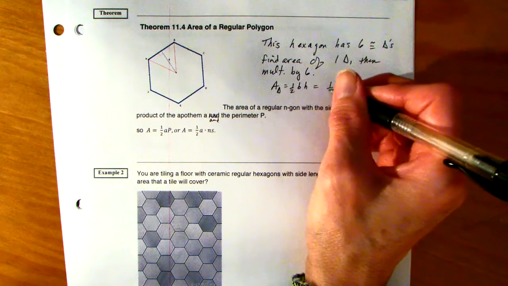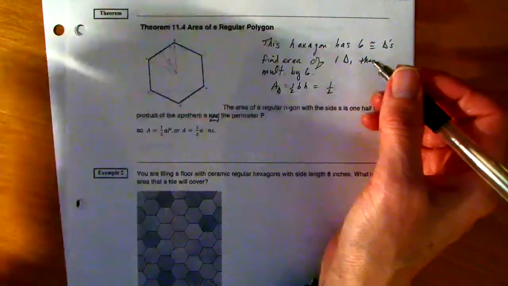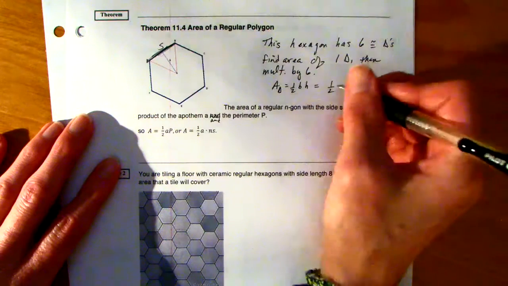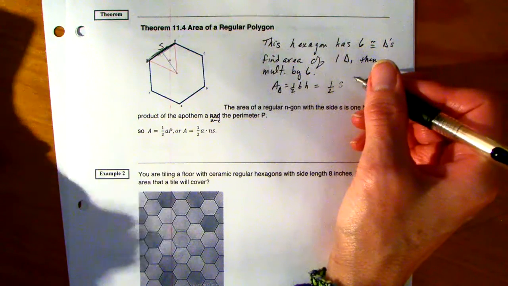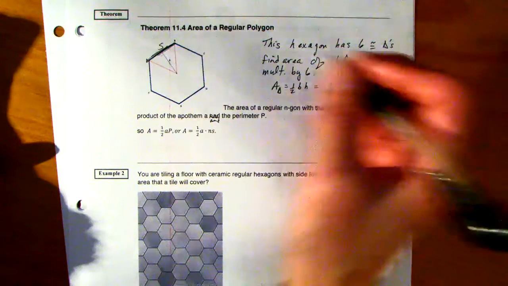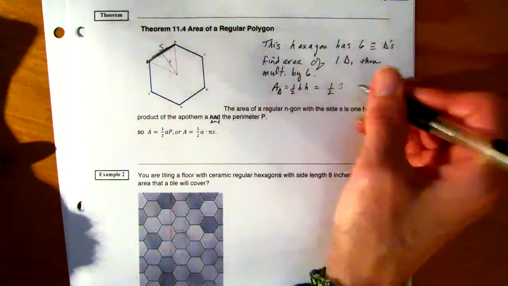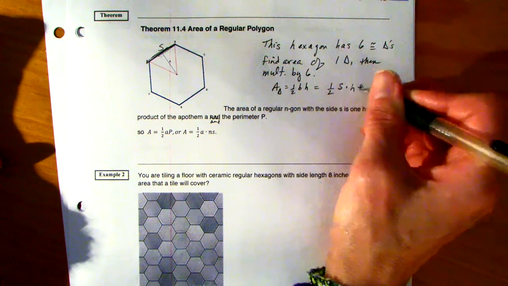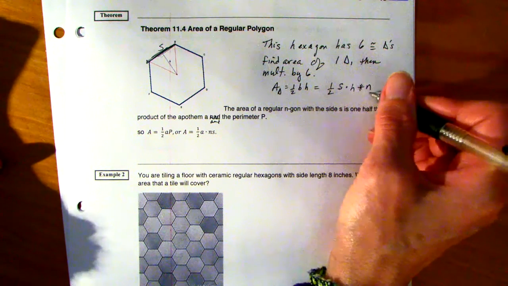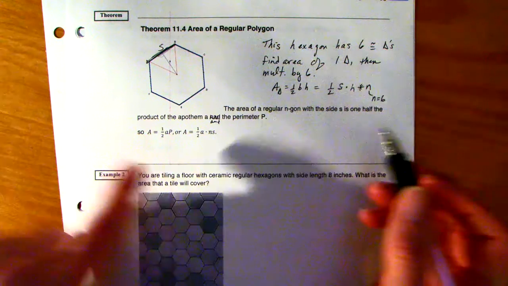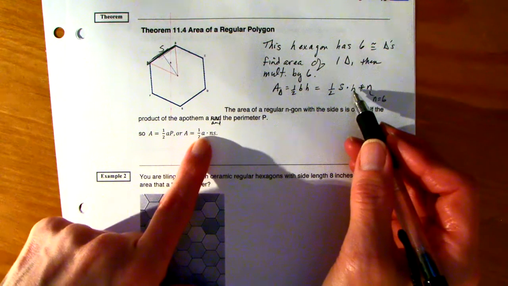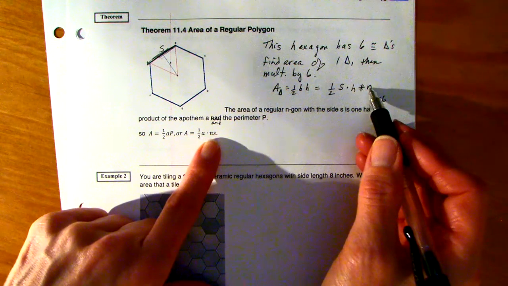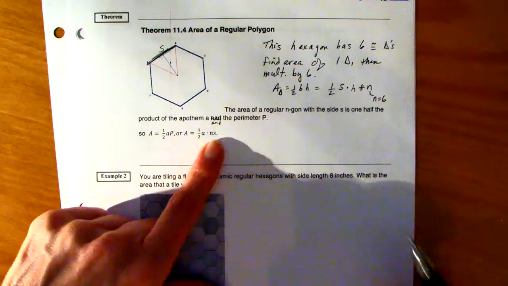So 1/2, your base, if we just call this S, times your height, and then times N. And here, N is equal to 6. So that's where I get that. Our height is basically your apothem, okay? N is number of sides, S would be that base.